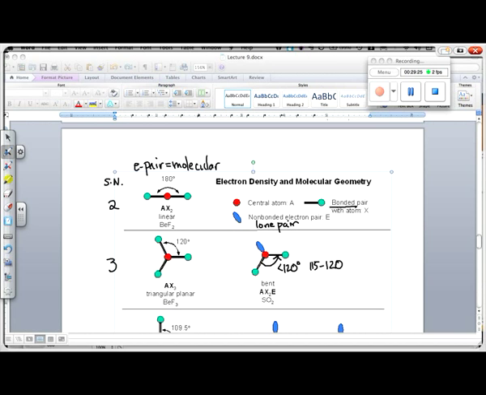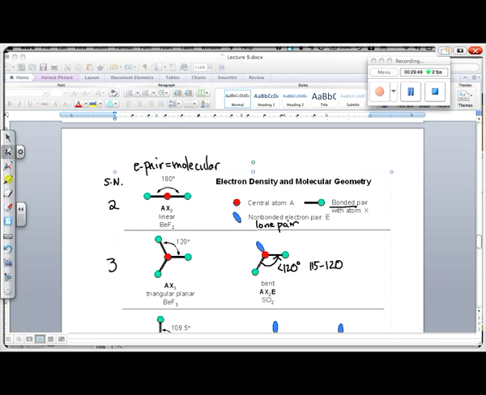So, once again, both of these possibilities for a steric number 3 have the same electron pair geometry, but the molecular geometry is different. Here on the left column, this one, they're the same. The electron pair geometry and the molecular geometry are the same. Electron pair geometry is trigonal planar. Electron pair geometry for this one is also trigonal planar.